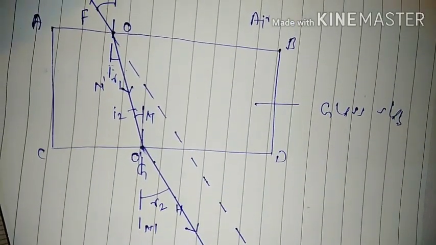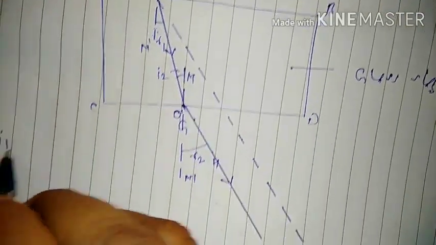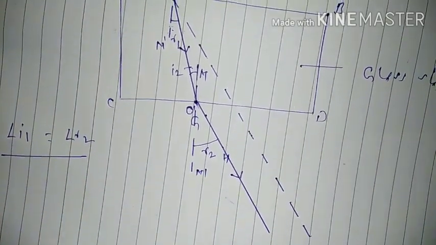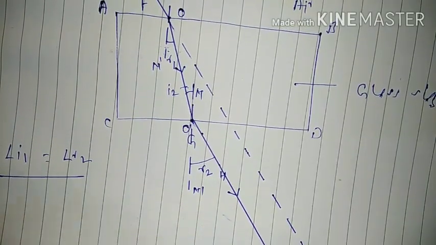Finally, if we measure these two angles, then what do we find? We find here angle I1 is equal to angle R2, and we can say that the angle of incidence is equal to the angle of emergence.